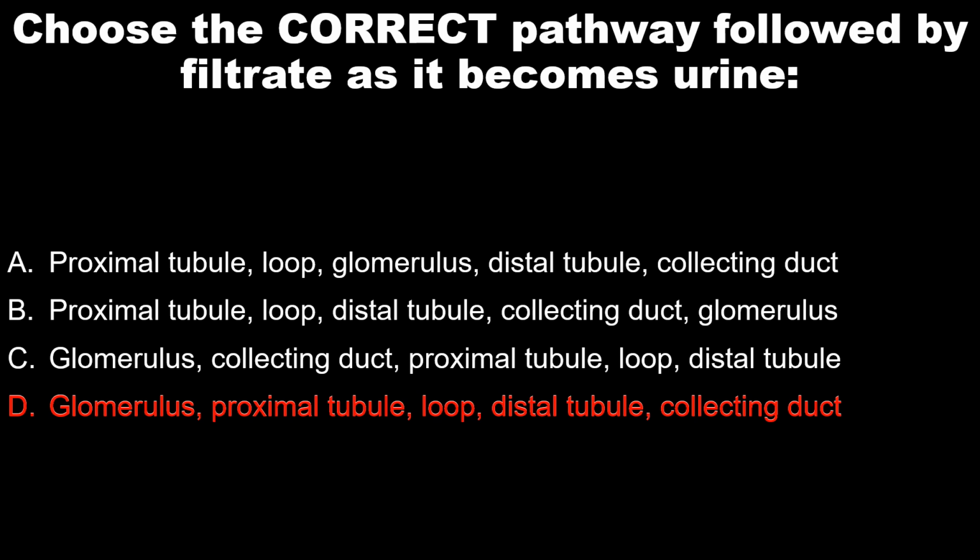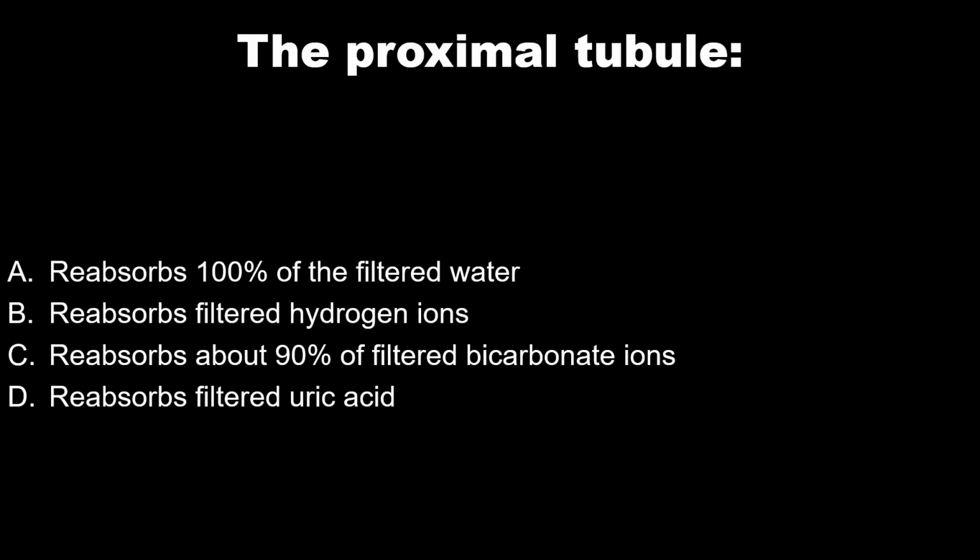Then it gets pushed into the proximal tubule, down the nephron loop, into the distal tubule, and eventually into the collecting duct. Remember that pathway: glomerulus, proximal tubule, nephron loop, distal tubule, collecting duct. And the proximal tubule is going to do which of these?